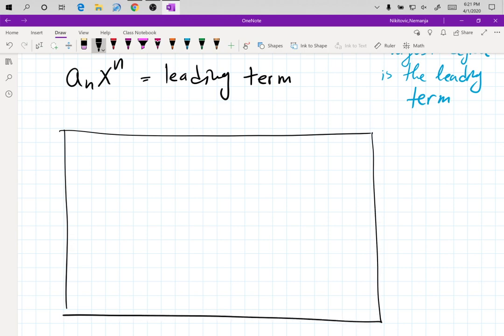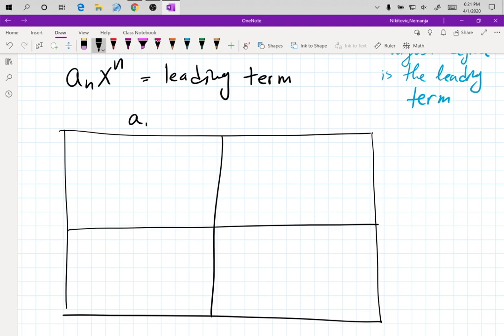Make a big window, divide it, and they say an less than 0, an more than 0, and odd, and even. There we go. So we have a couple of these.